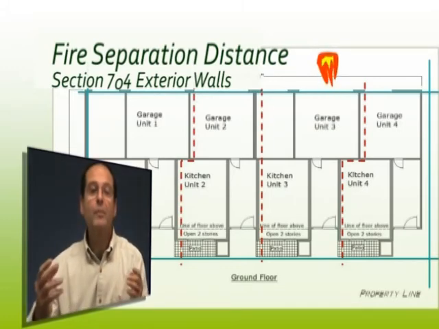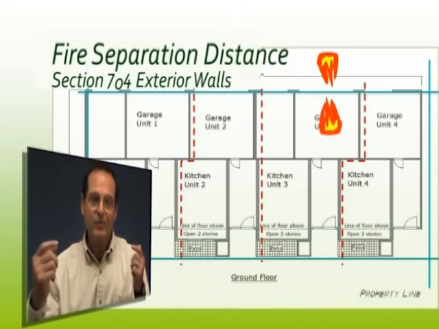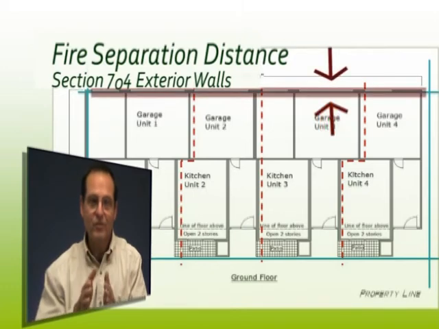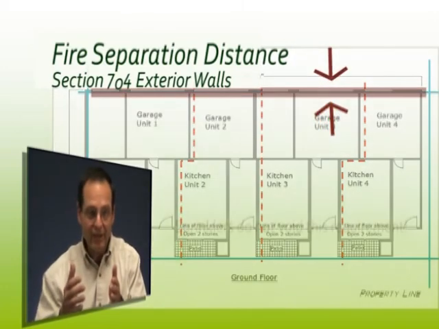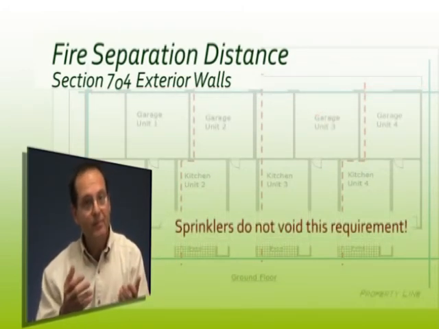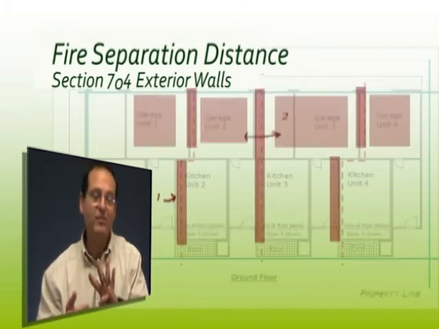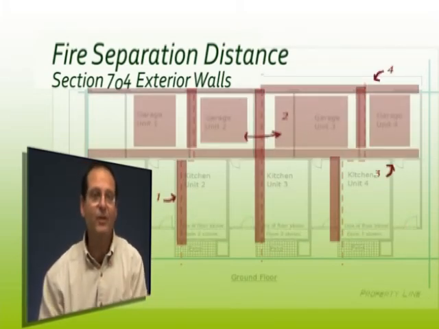In this case, we're worried about potentially either case occurring. So now we've got fire potentially from 2 sides. We've got to make sure that that exterior wall assembly is 1 hour rated, fire coming from either direction. Okay, and again, sprinklers don't play into this. We're still going to have sprinklers, but we're going to have now these 4 separate pieces of the structure that still have to be 1 hour assemblies.